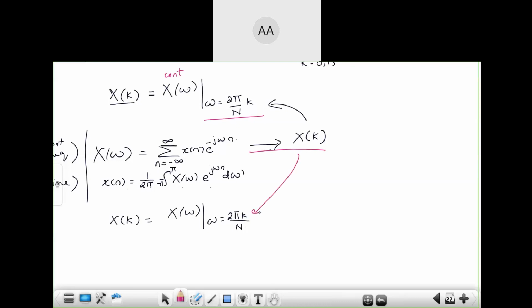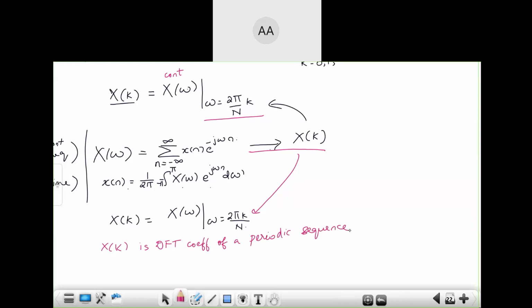How can I write it? You can write a sentence here: x of k is the DFT, discrete Fourier transform, coefficients of a periodic sequence.